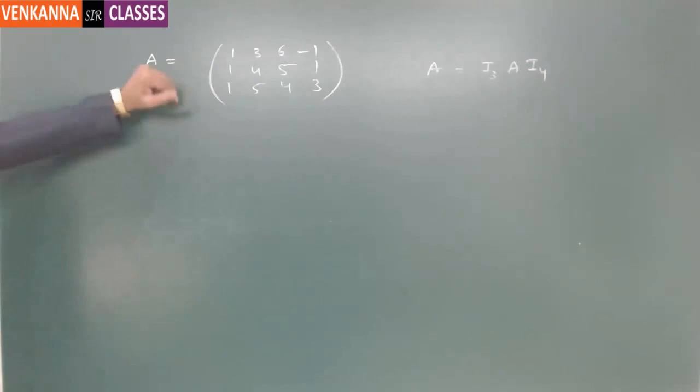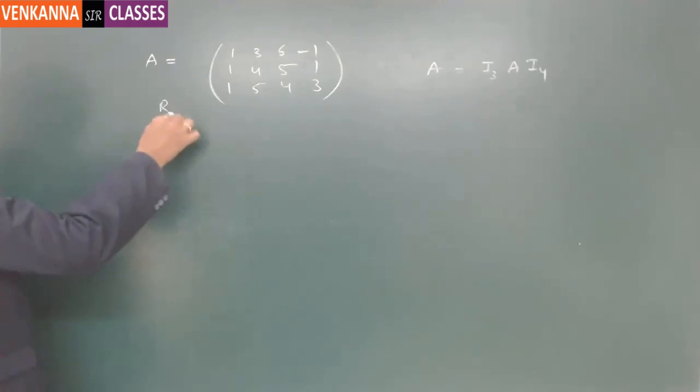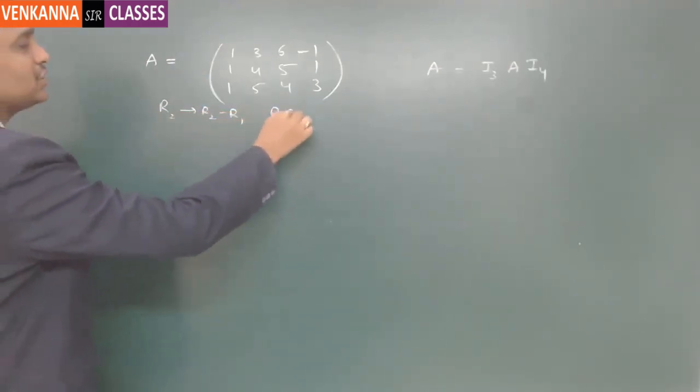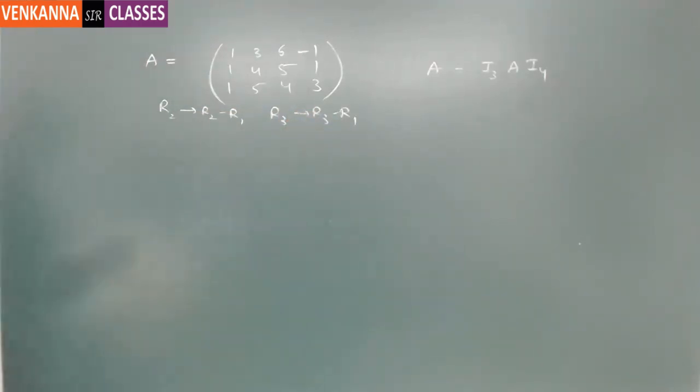Now, on observing this pattern, to get the entries as 0 before the first diagonal element, you need to perform the row operations as R2 tends to R2 minus R1 and R3 tends to R3 minus R1. So, it will be equivalent to A will become as 1, 3, 6, minus 1.